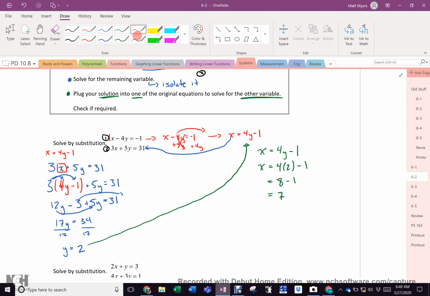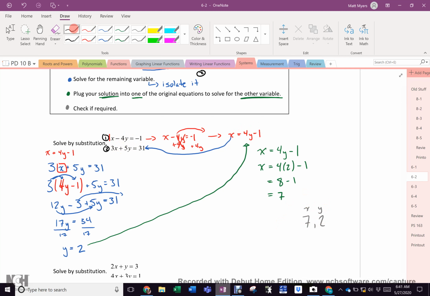So, as always, I check 7, 2, x, y. Now I know it works in the red equation because that's what I just did. I know the red equation is the same as equation 1, so I don't need to check equation 1. But I should check equation 2.